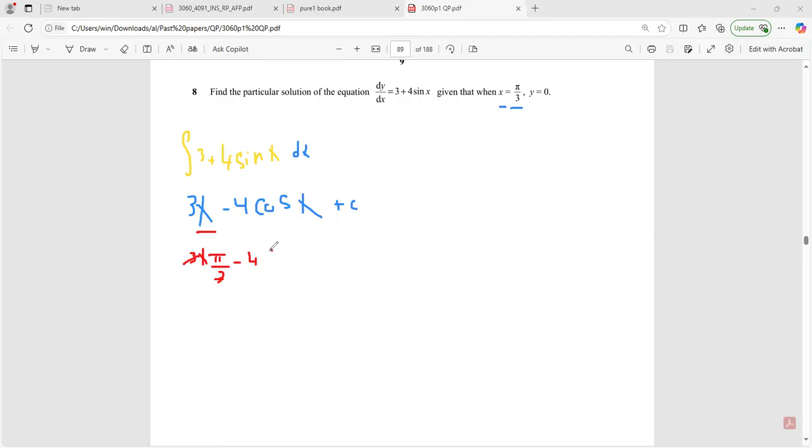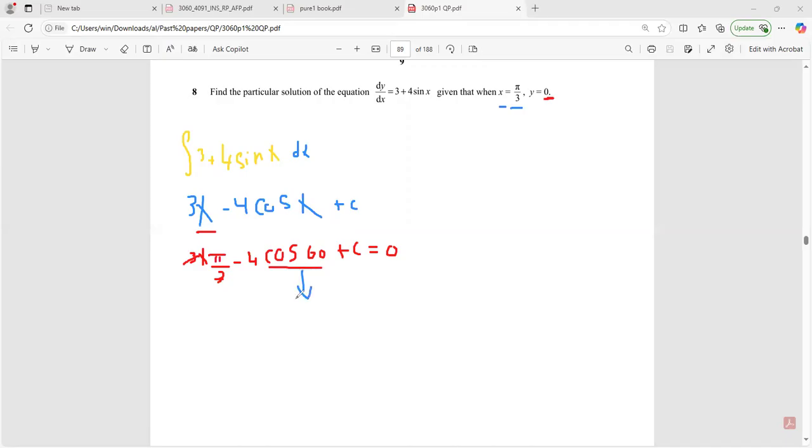Minus 4 cosine pi over 3, which is cosine 60, plus c, which equals y, and y here is equal to 0. So cosine 60 actually is equal to half.